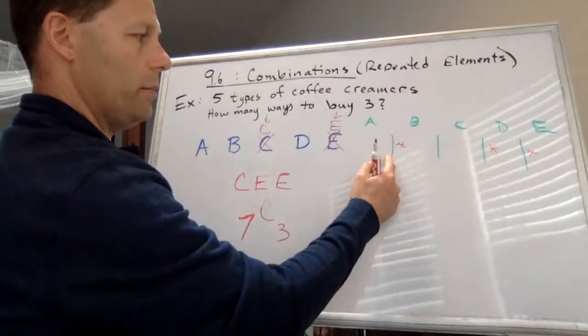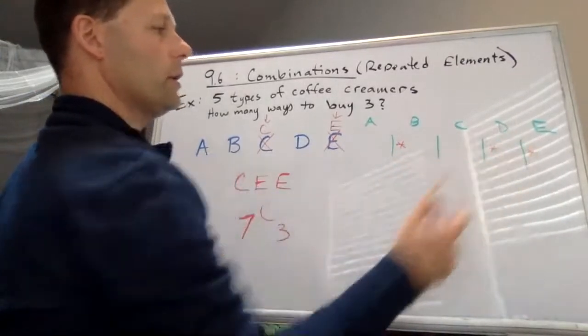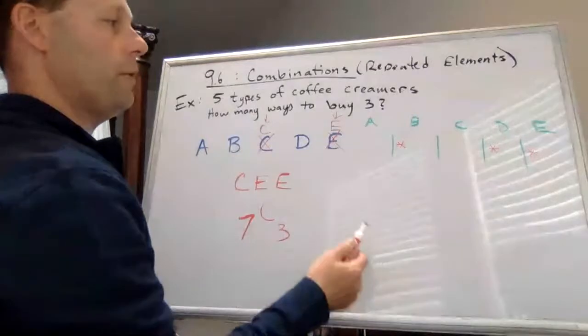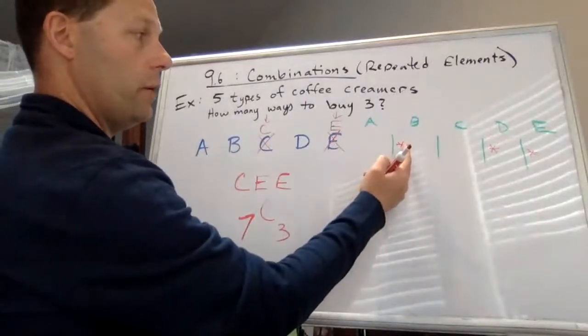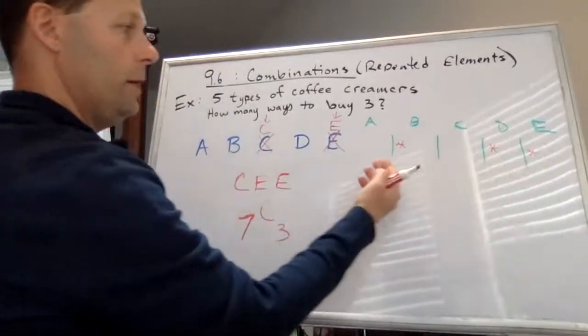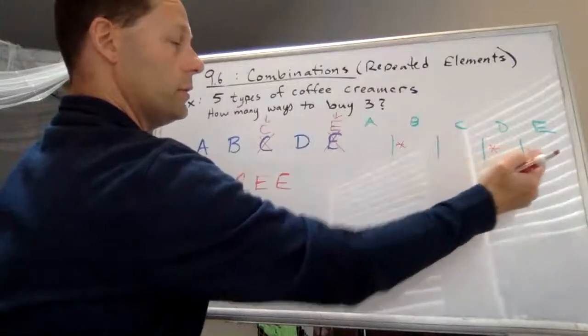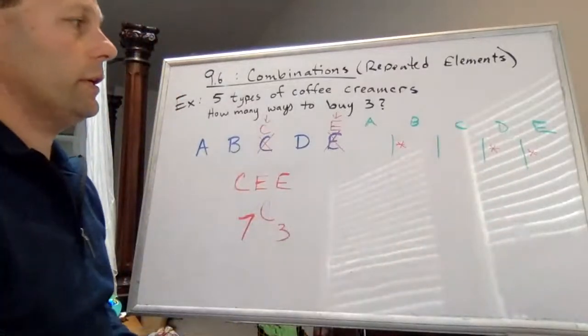I've got bar star bar, bar star, bar star. So if I wanted to represent buying one creamer B, one of D, and one of E, I would have bar star, bar, bar, star, star. It's, again, just a list of characters.